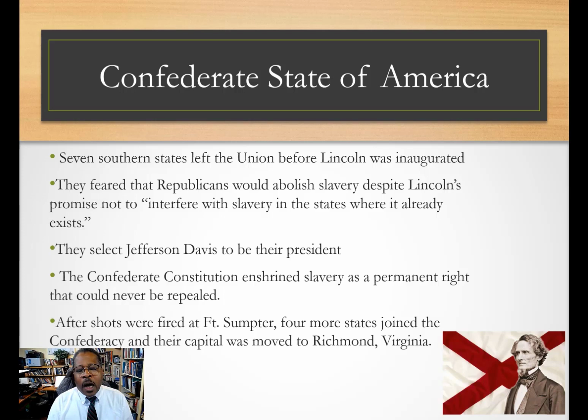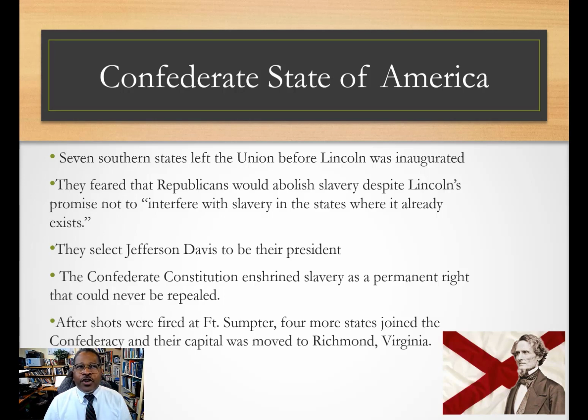And here, chronology and dates are important to historians. If these states begin leaving in December of 1860, but Lincoln doesn't actually become president until March of 1861, then their reasons for leaving have nothing to do with anything that Lincoln did as president, because they didn't even wait for him to become president to see what he would do, right?